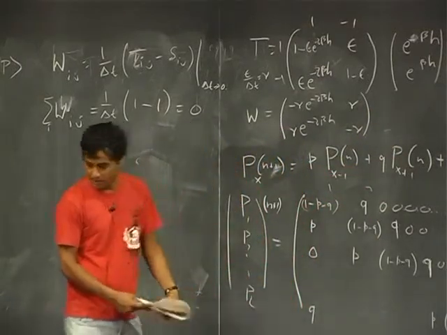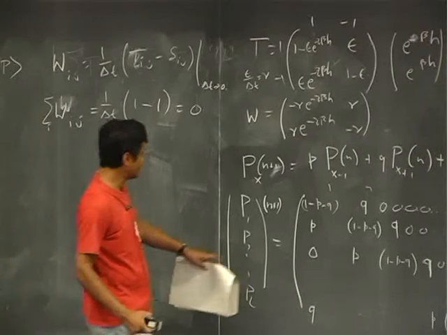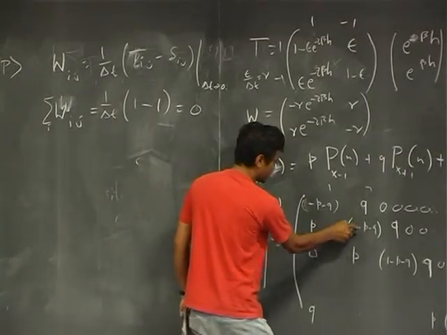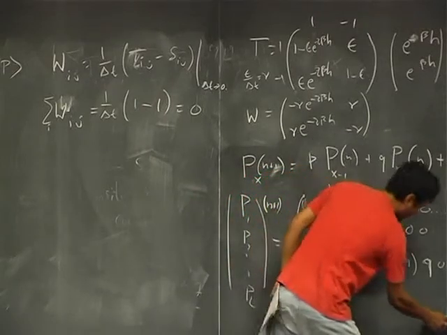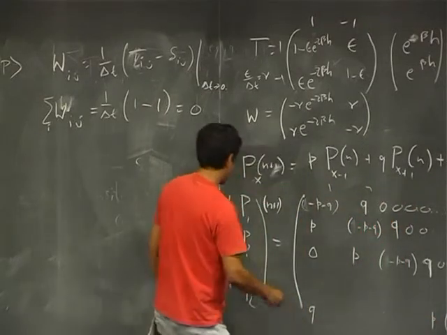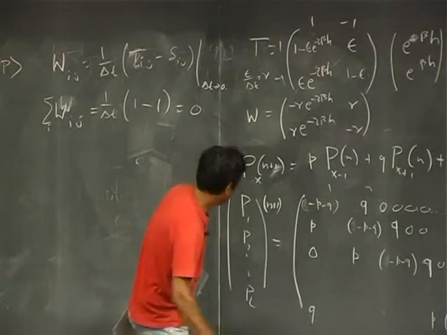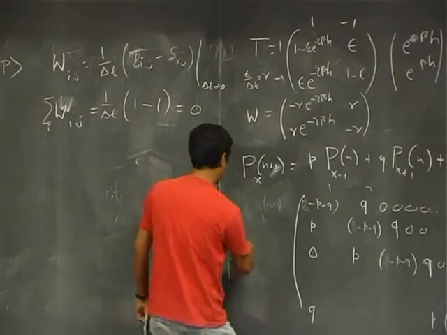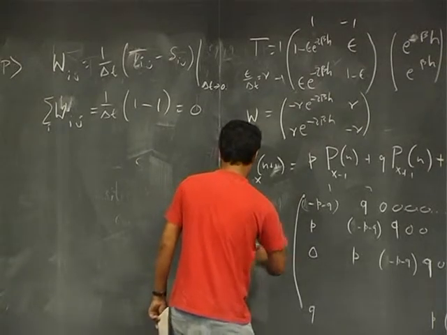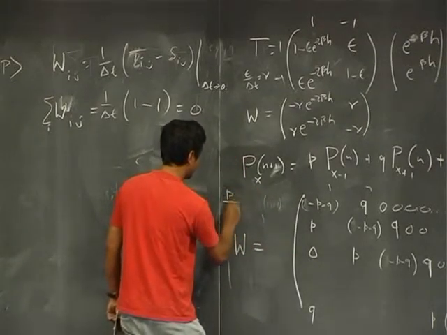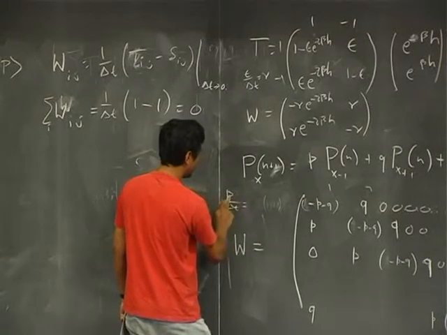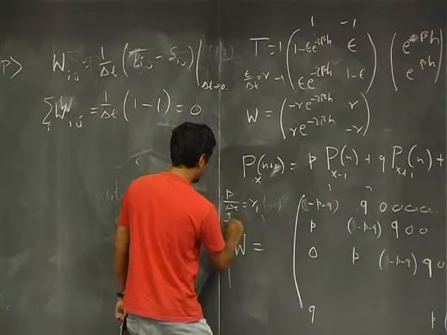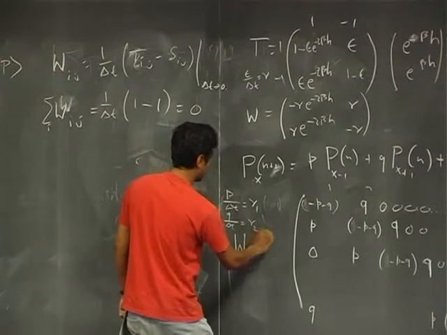And here if I do the same thing, the ones on the diagonals will all go away. So all these ones go away. Now I call P by delta t, which earlier was a probability and now is a rate, let's say R1, and Q by delta t is equal to R2.